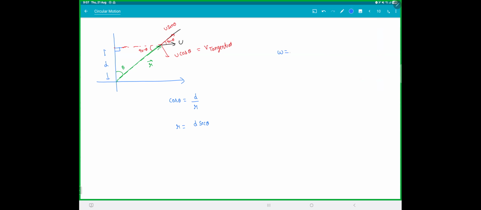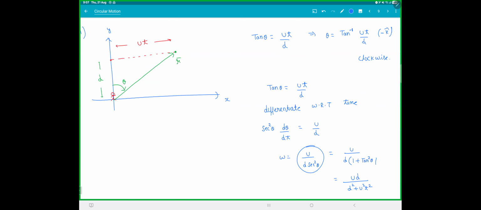So what is the definition of omega? V tangential by r. V tangential is u cos theta, and small r is d sec theta. This will be u by d sec square theta. Isn't it the same thing that we got, u by d sec square theta?